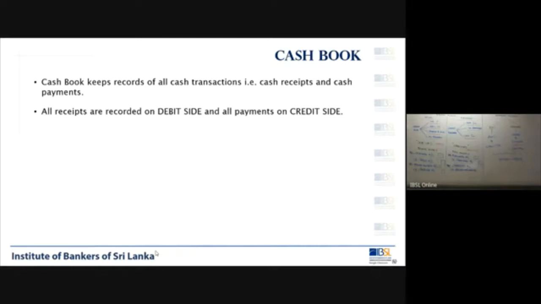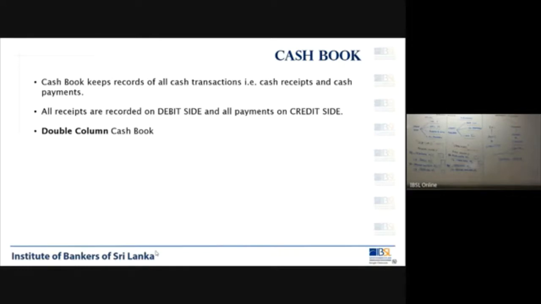So in a cash book, whenever there is an increase in cash, you will record it on the debit side, that is the left hand side. When there is a reduction in cash, you will record it on the credit side or the right hand side. When you look at a T account, the T account left side is the debit side, right side is the credit side. And the cash book, there is a speciality where we call it as the double column cash book.